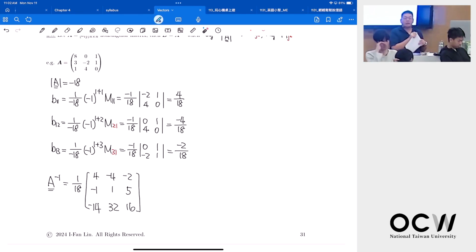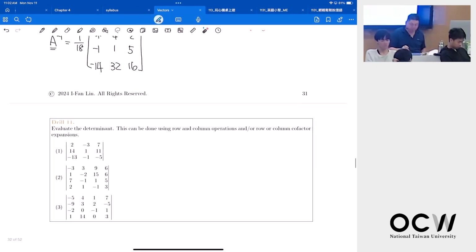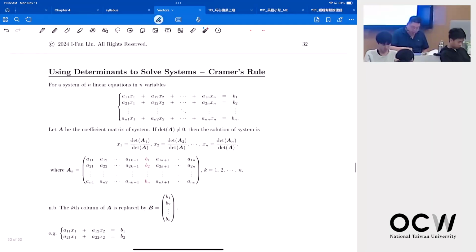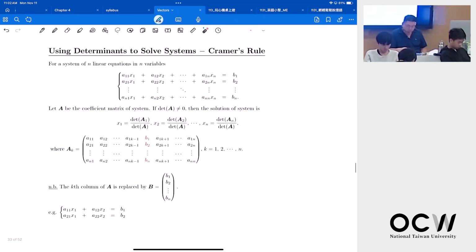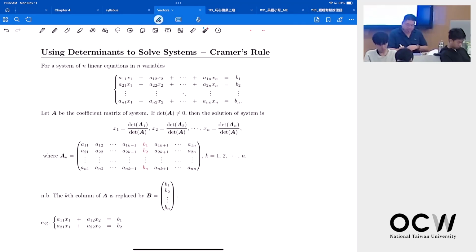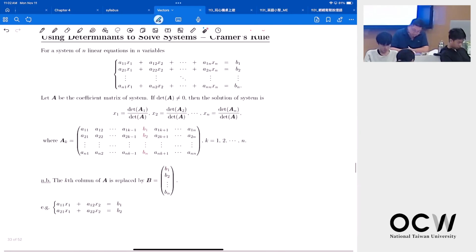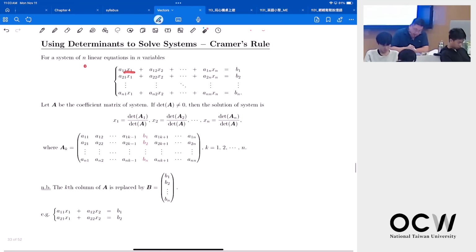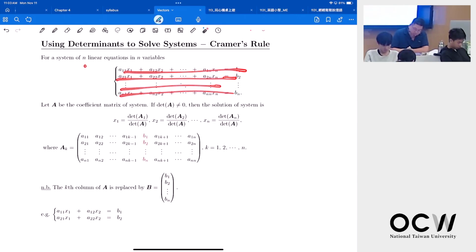Now, if you don't have any questions, then we can use the determinant to solve systems of equations. It is called Cramer's rule. So using the determinant to solve systems, I have n linear equations and also n variables, x1 to xn.